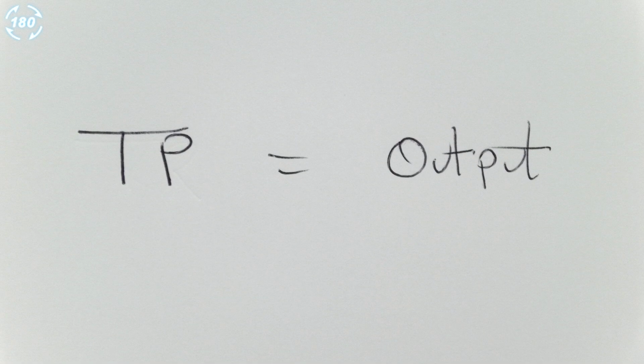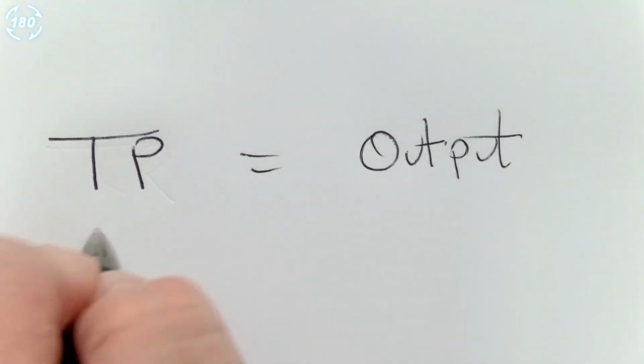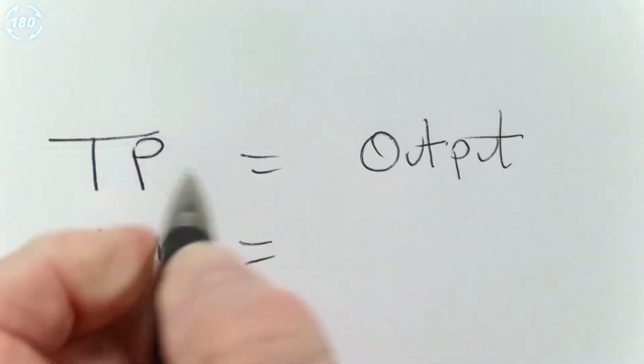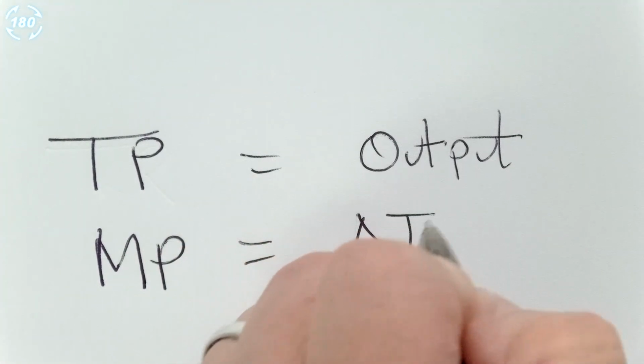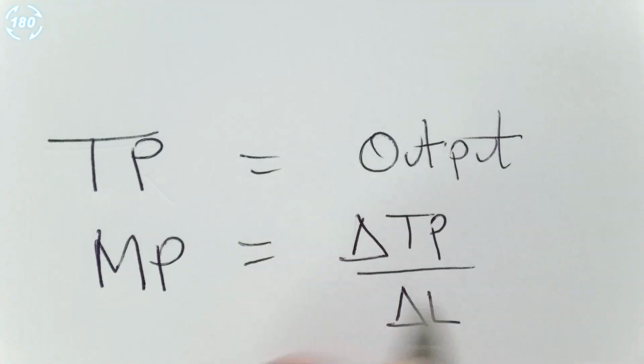So this stands for total product. This is your output, and this could be in a period of time, maybe a month or a day. What we were just looking at with marginal product is the change in total product divided by the change in labor. We're going to use L here for labor.